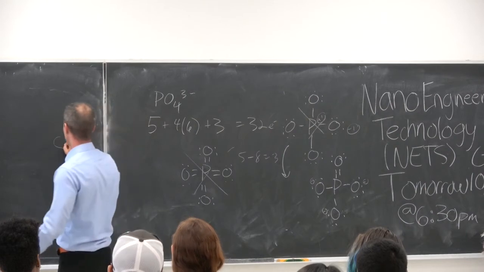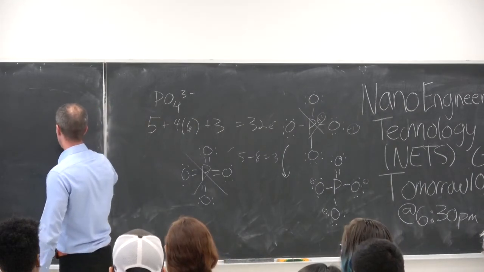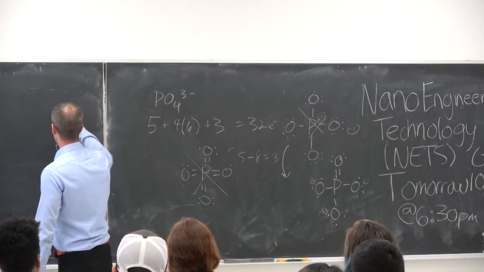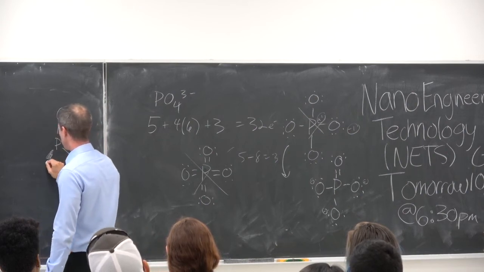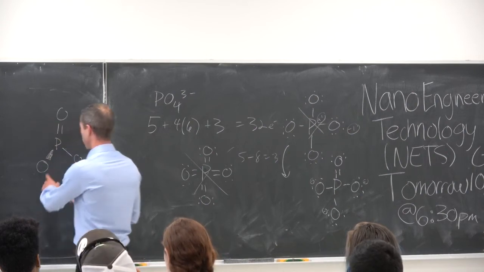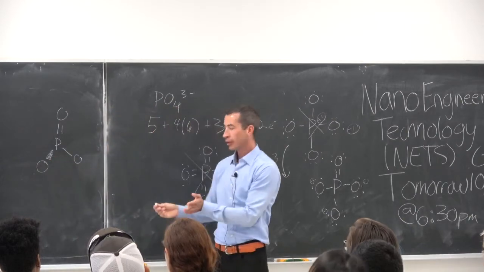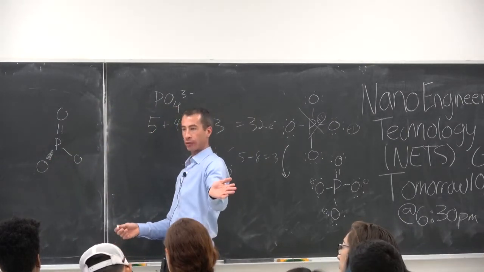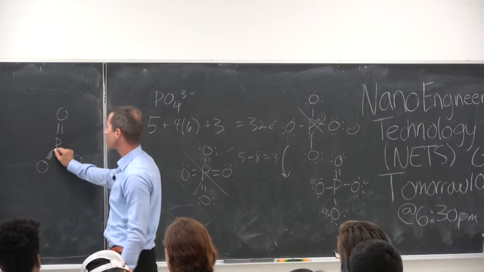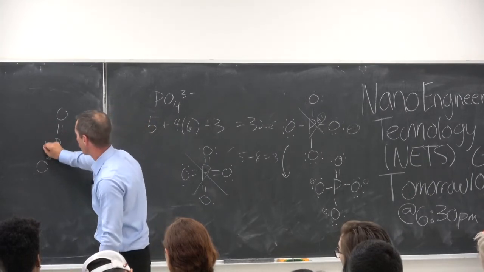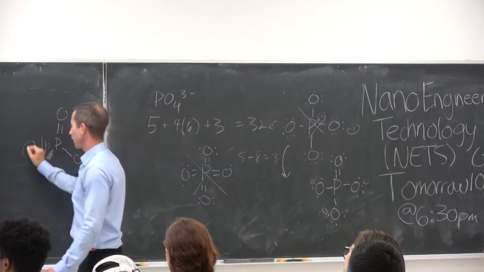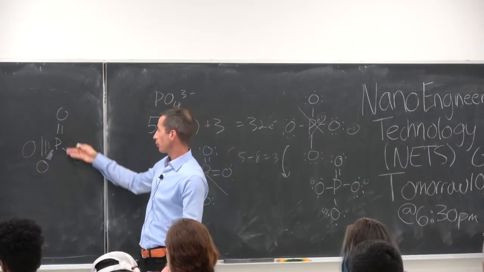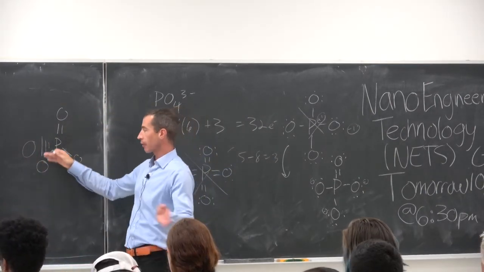What that really looks like is this. If you see me draw something like this solid wedge, that means it's coming out of the board. And if it's a hashed dashed triangle, that means it's going into the board. These two are in plane, and then this is coming out, that's going in.